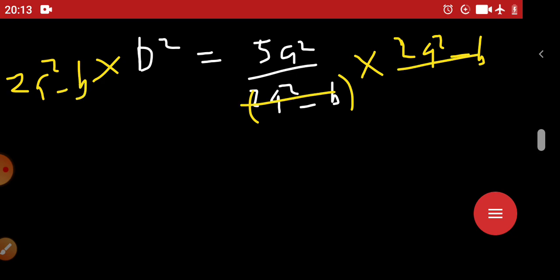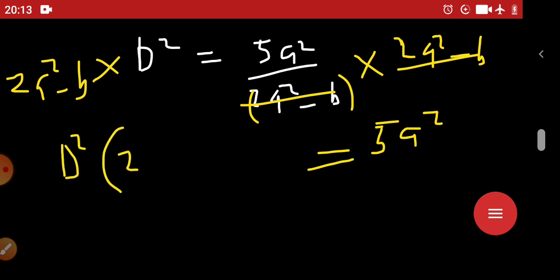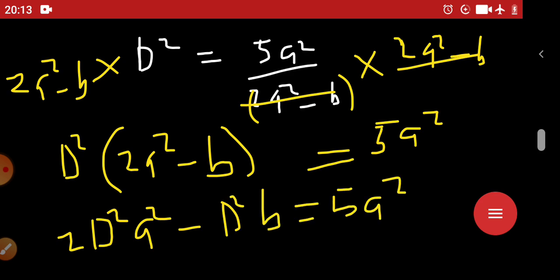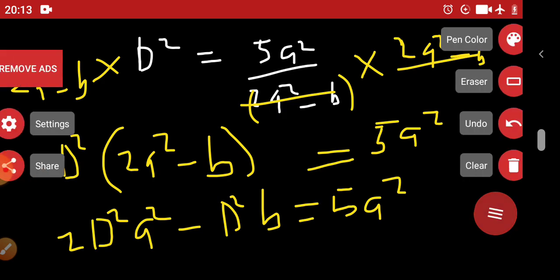So this would cancel. From the right hand side we have 5a squared, and from the left hand side we have d squared multiplying 2a squared minus b. So when you remove the bracket, you have 2d squared a squared minus d squared b is equal to 5a squared.